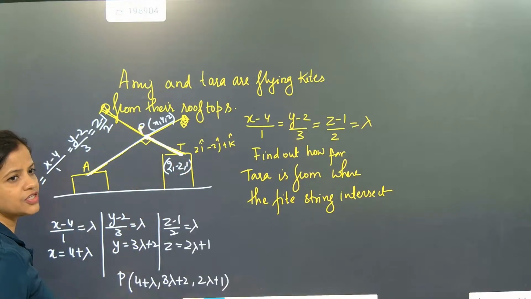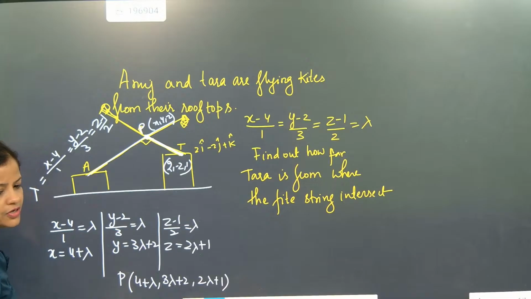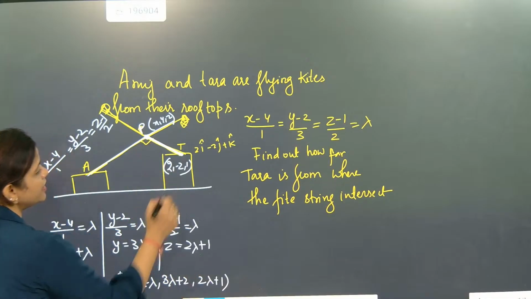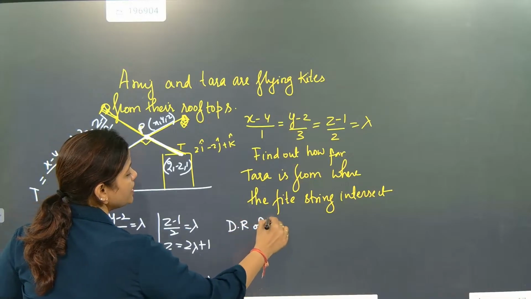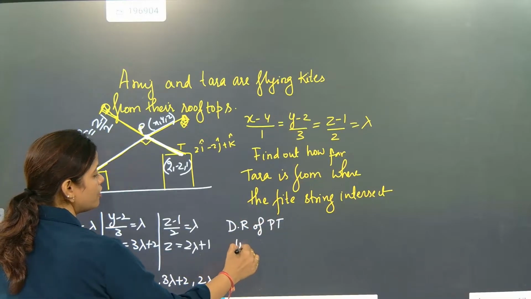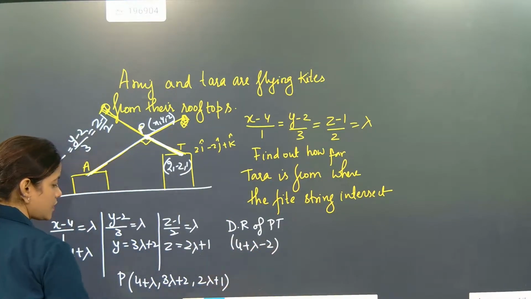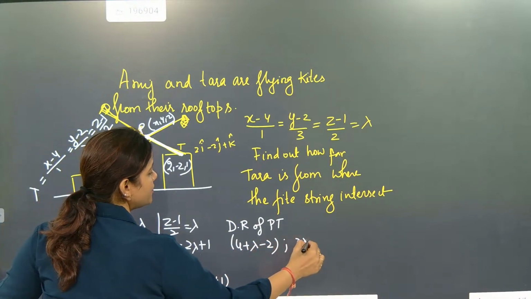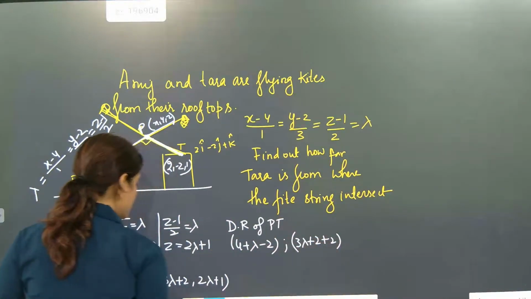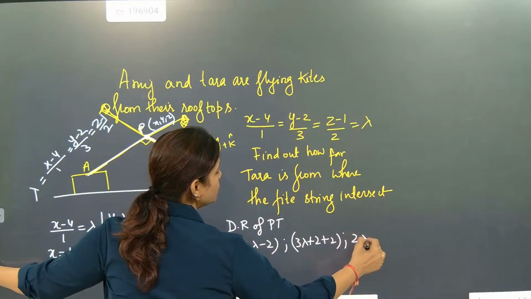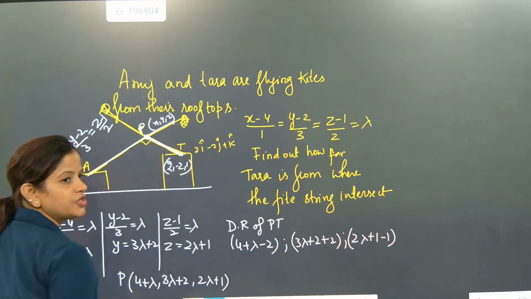Now beta, we have to find the direction ratio of PT. How will we find the direction ratio of PT? It will become (4 + lambda - 2), (3 lambda + 2 + 2), since minus of minus becomes plus, and (2 lambda + 1 - 1).